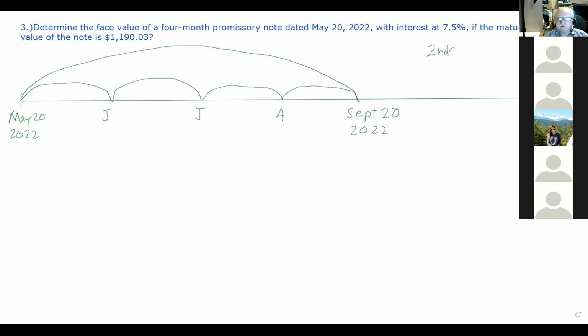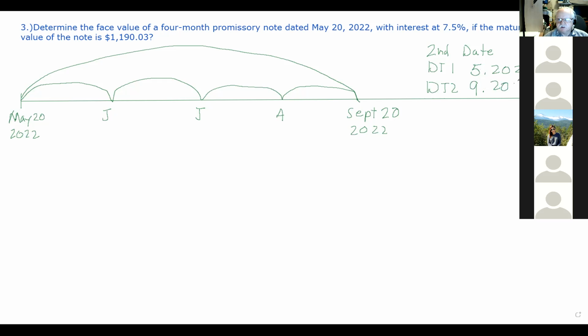So I'm going to go second date. May is January, February, March, April, May. So DT1 is 5.2022. Enter down. And DT2 is September, so 5, 6, 7, 8, 9th month.